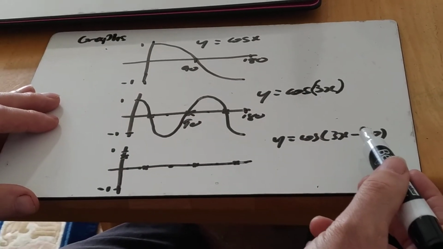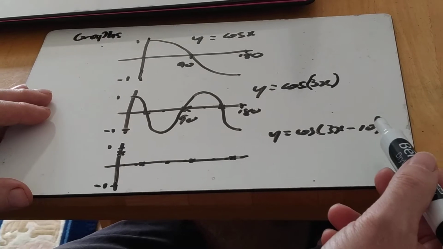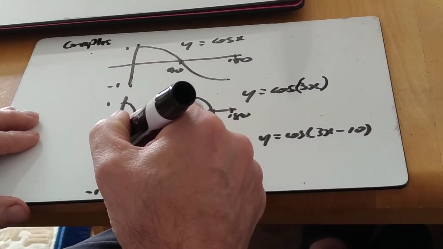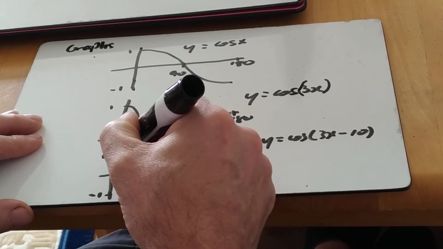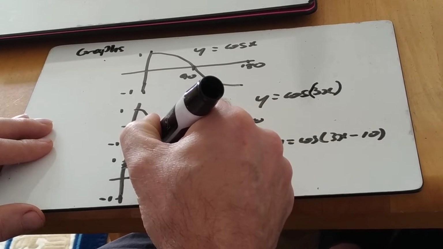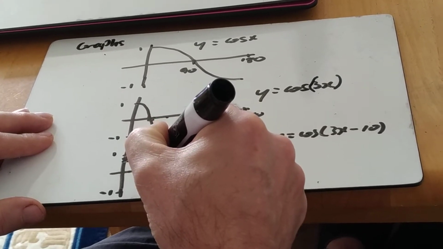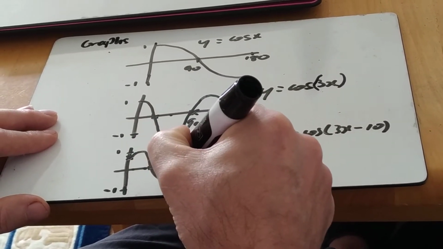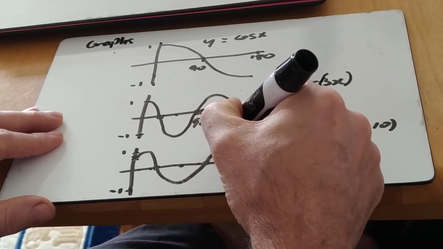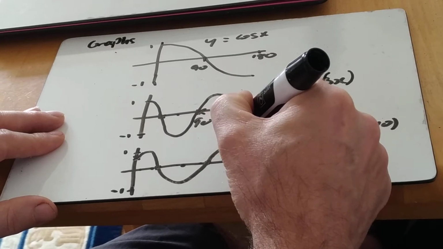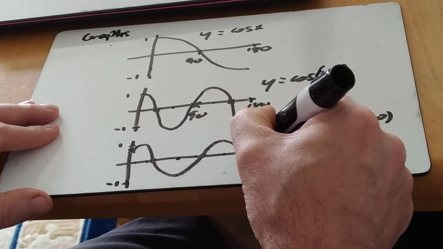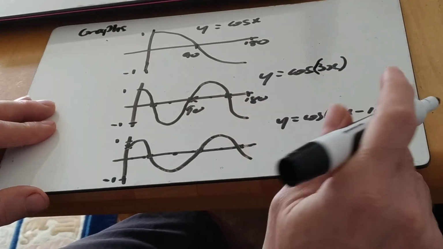And all the minus 10 does, in the brackets again, is the opposite of what we think. It shifts the curve 10 degrees that way. So it's going to start up here and do a little bit of a quick 10 degrees there, and top out, cross at 40 in this case, bottom out at 70, cross at 100, top out at 130 instead of 120, cross at 160, and then be part way down there.